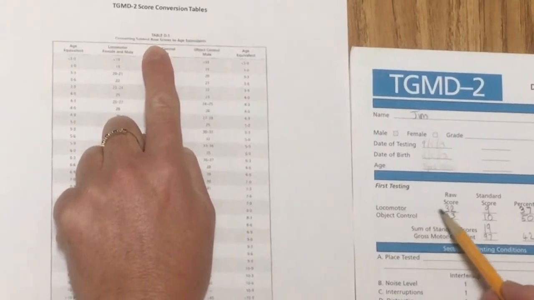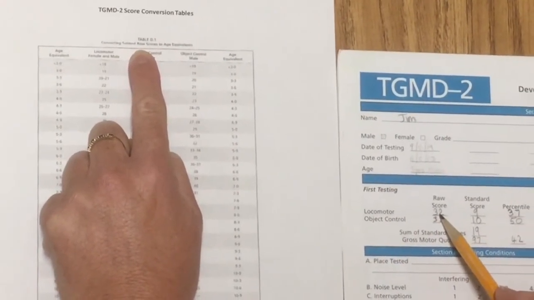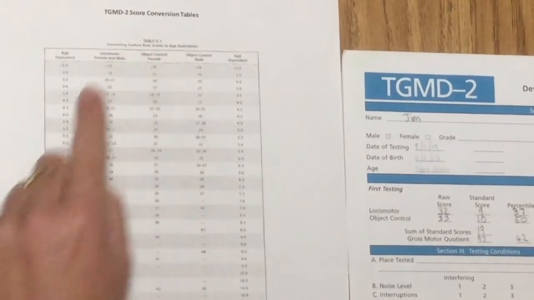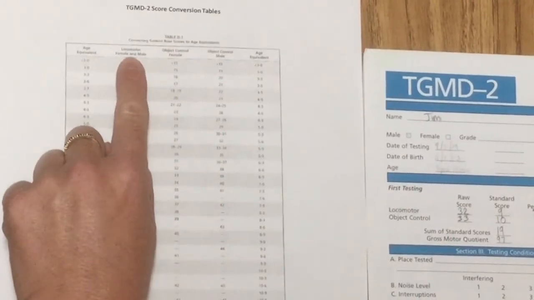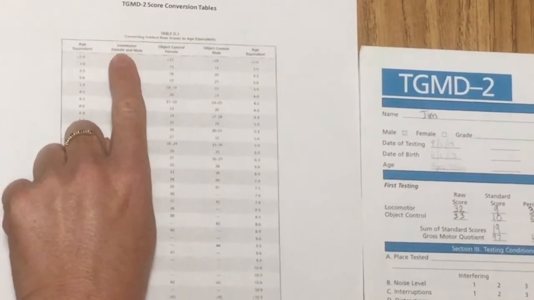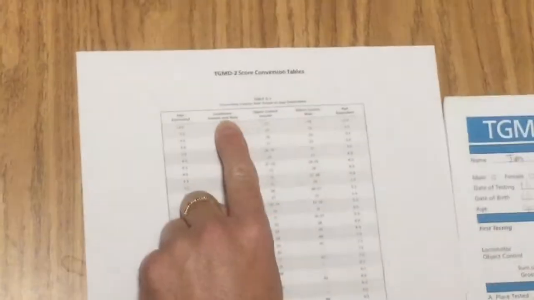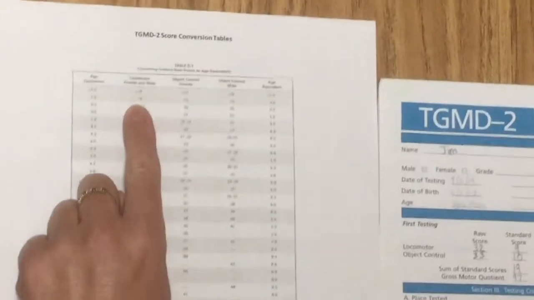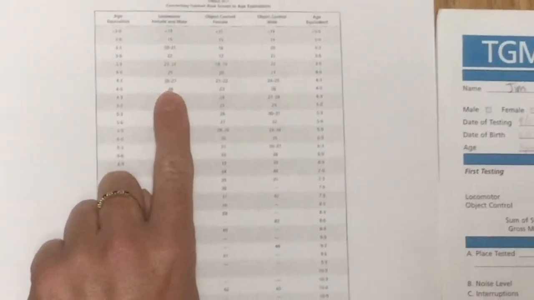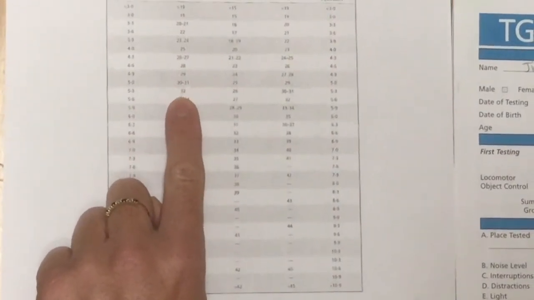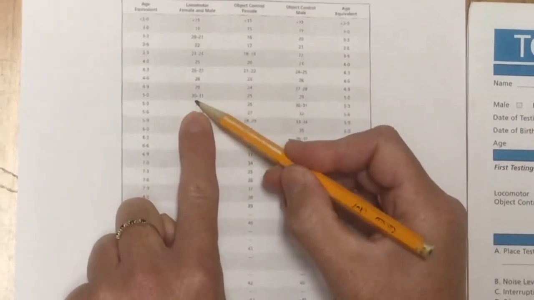So let's start with the locomotor, a score of 32. So we're going to find the column, locomotor. Remember, locomotor, the male and female are on the same column. So we're going to go down until we find the number 32. Right there. Circle that.